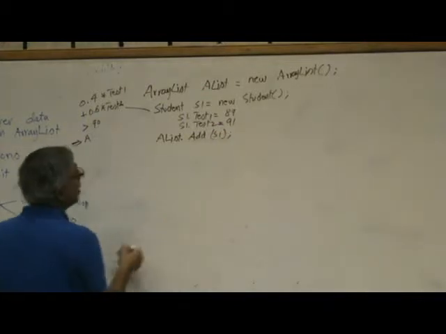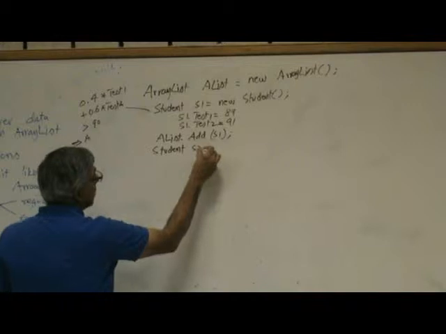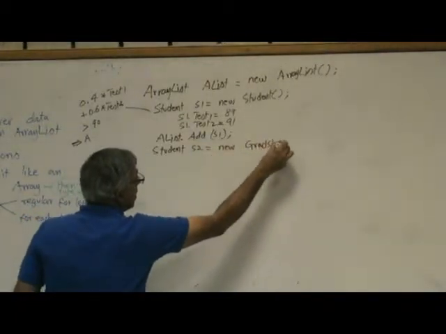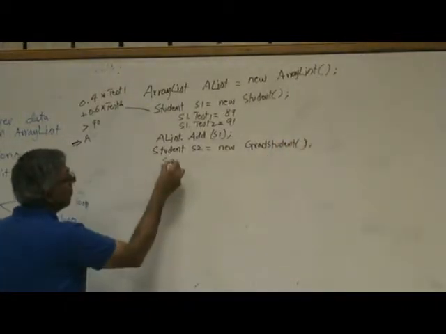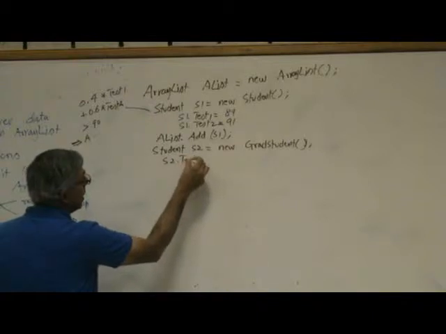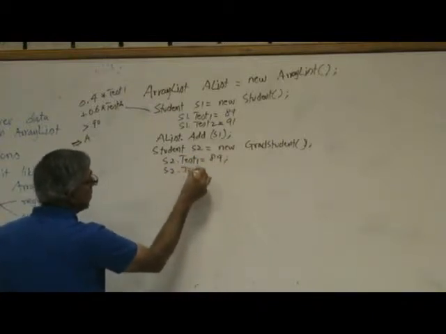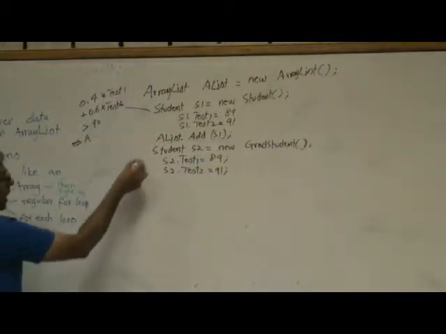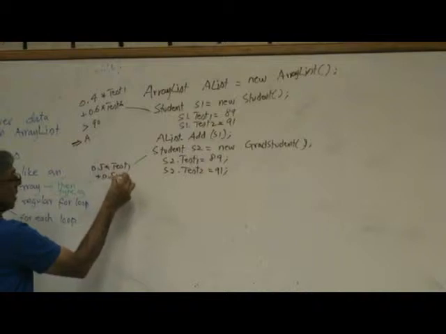So then we do a list.add S1, correct? Now we create one more student, S2 equal to new grad student. Okay. We do S2 dot test1 also 89, S2 dot test2 also 91. Okay, and let's pretend for the grad student it's 0.5 times test1 plus 0.5 times test2.